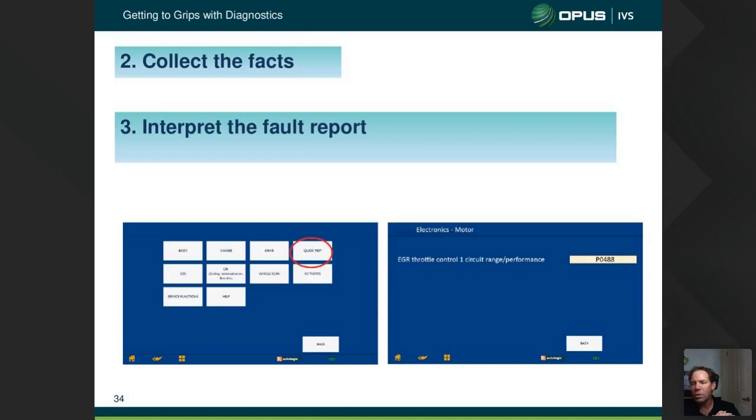Performance codes are quite interesting because a performance code is generally caused not by an electrical fault. If we had a DTC relating to an electrical fault, like a solenoid failure, we'd get a voltage high, voltage low or voltage intermittent type fault code. Performance codes are generally logged due to mechanical faults. So if the EGR is sticking, we get a performance code.